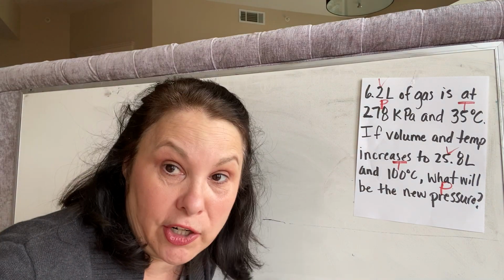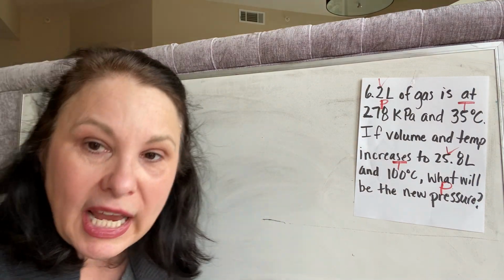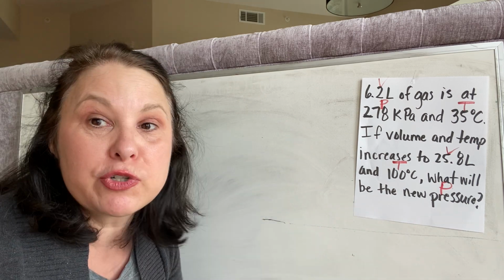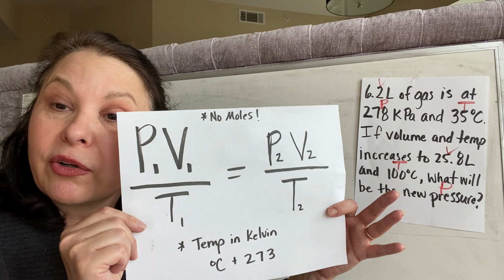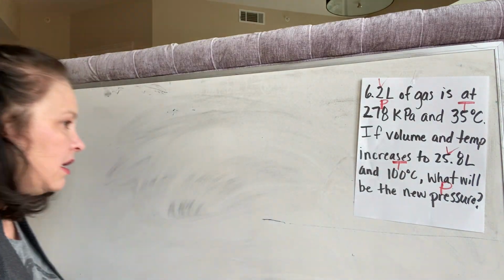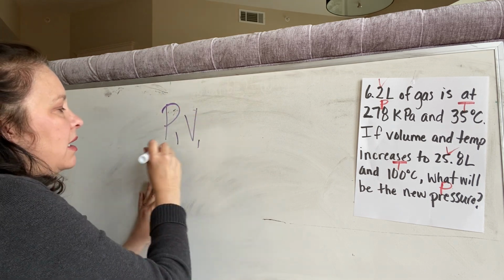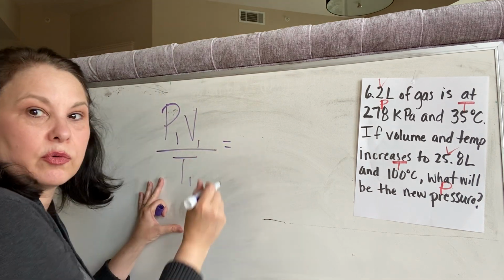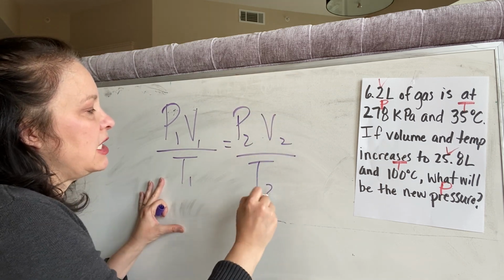What you didn't hear me say was the word moles, which means that we have to use the pressure, volume, temperature formula that does not include moles, which is this one right here. So we are going to be using P1V1 over T1 equals P2V2 over T2.